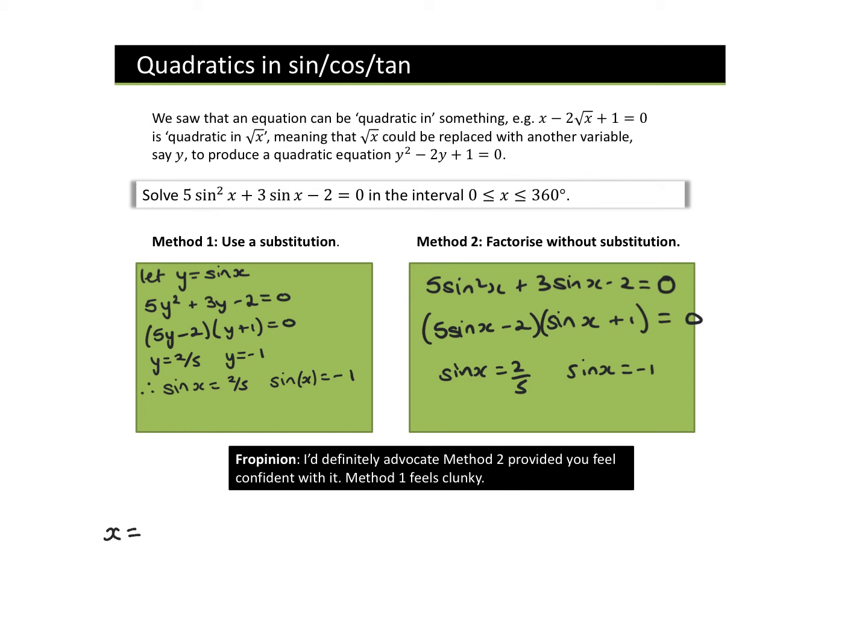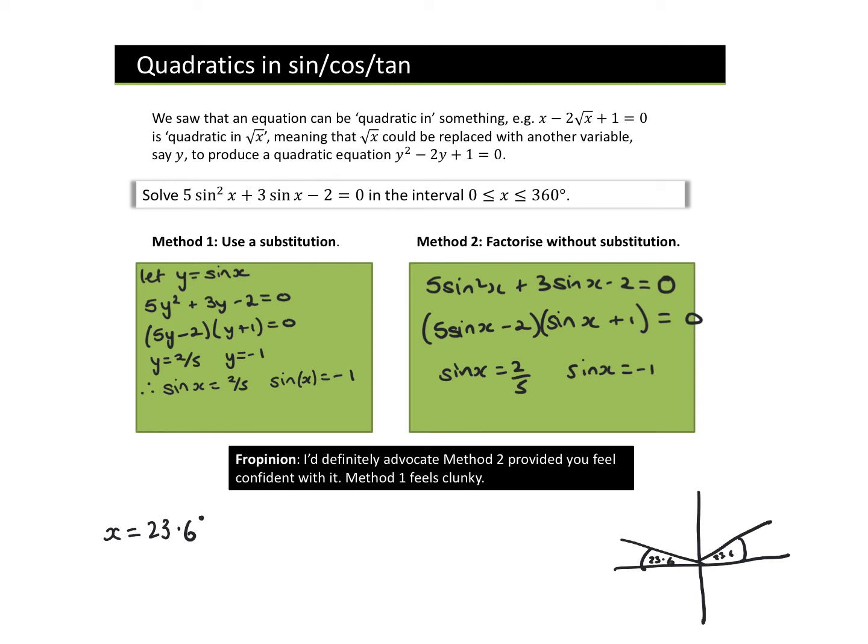So that would mean that x equals inverse sine 2 over 5, which is 23.6 degrees.